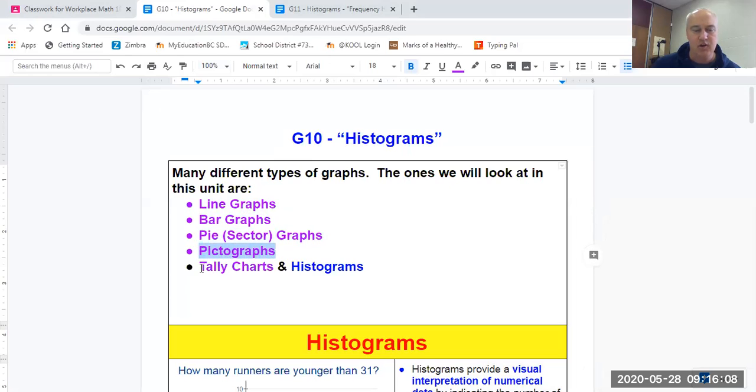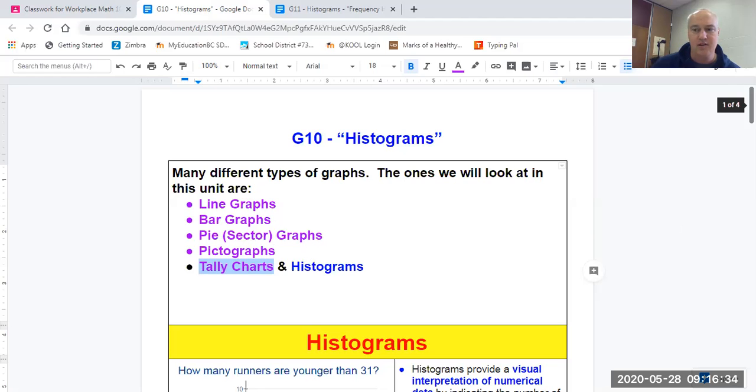And last lesson, we looked at tally charts, which allow us to take a set of data and determine how many times each number occurs. When we have that type of information, we can then easily make what is called a histogram. A histogram is essentially like a bar graph, except that it is showing specifically categories or bins of data.